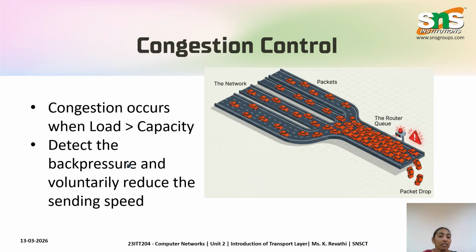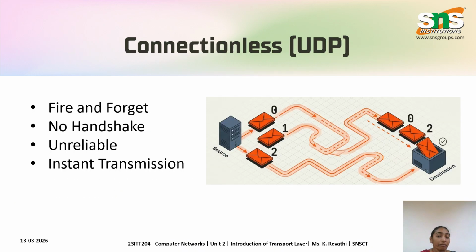Then the next phase is prototyping. Now let us look at two major transport layer protocols. First one is user datagram protocol, then the next one is transmission control protocol. UDP is nothing but user datagram protocol. It is a connectionless protocol.